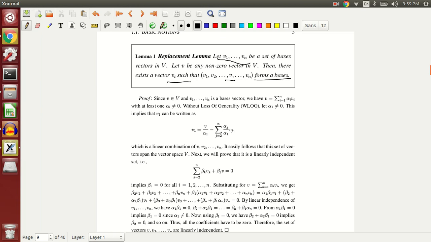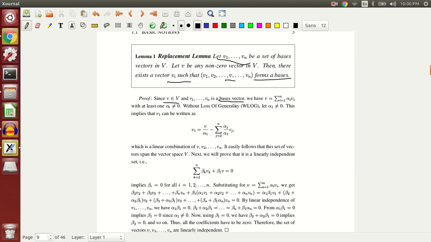Let's prove this. Let's say we have v which belongs to vector space V. v is a vector that belongs to vector space V. We have v1, v2, up to vn which form the basis.